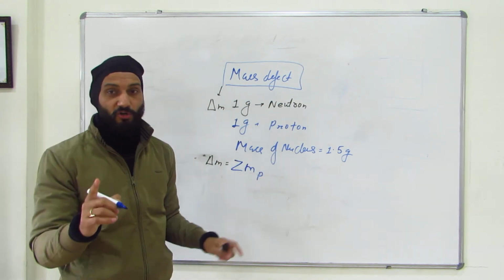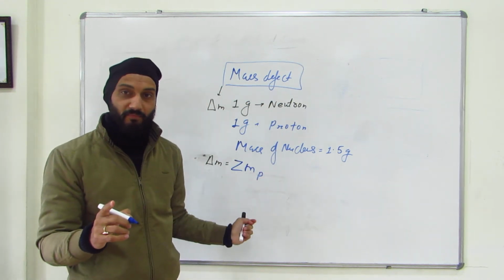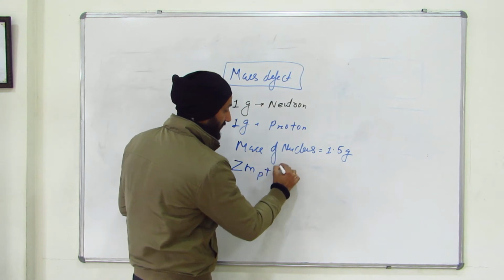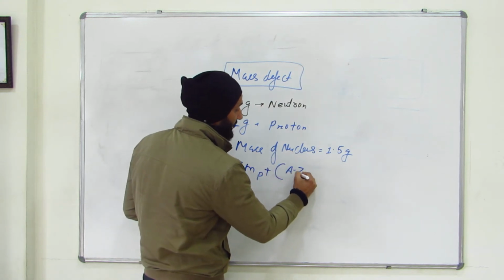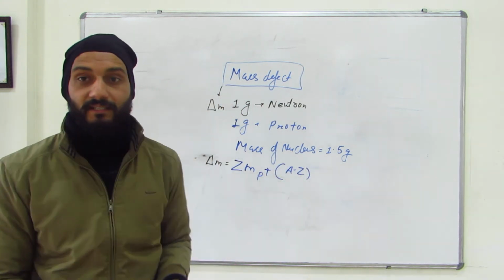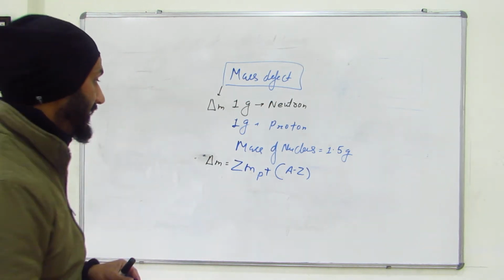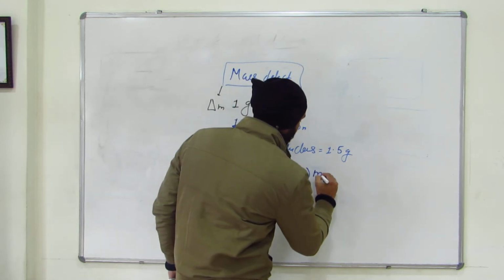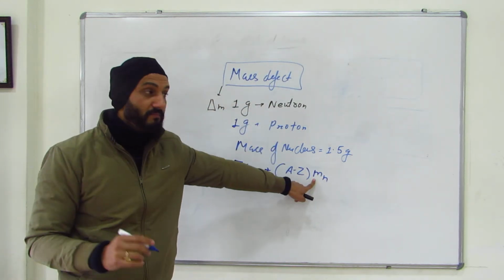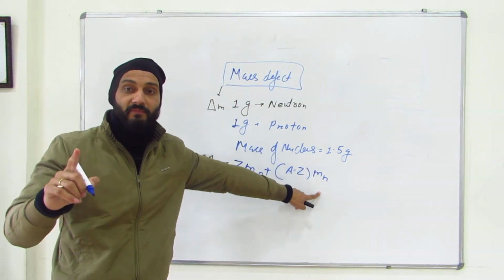So Z times mp, plus the number of neutrons, which you know is A minus Z, as discussed earlier before this class. So (A minus Z) times mn, where I am taking the mass of one neutron to be mn.